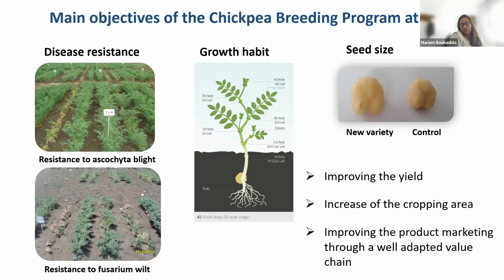We are also targeting to improve the yield, to increase the cropping area, and to improve the product marketing through a well-adapted value chain.